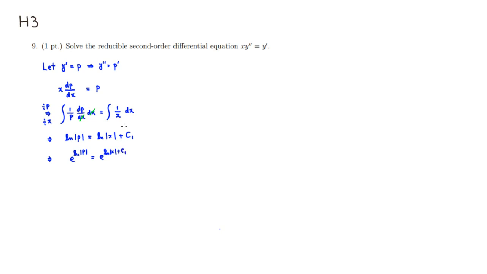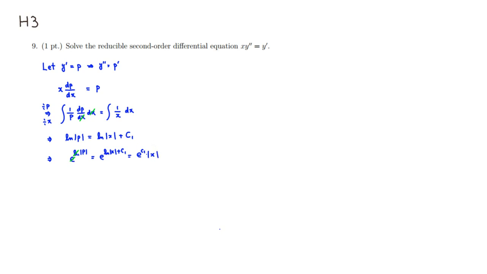We can cancel e and natural log, since they're inverses of each other. I'm going to rewrite this as e to the c1 times e to the natural log, so it's going to be the absolute value of x.